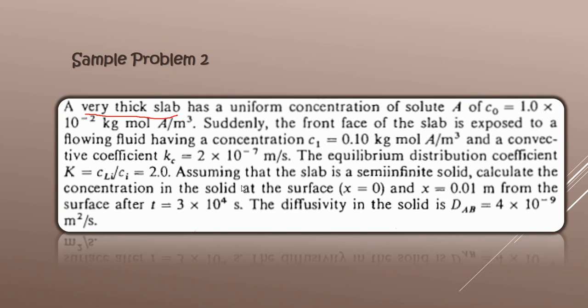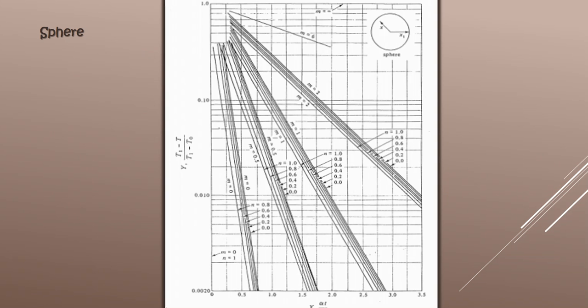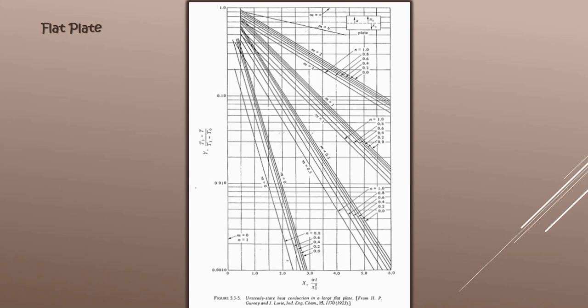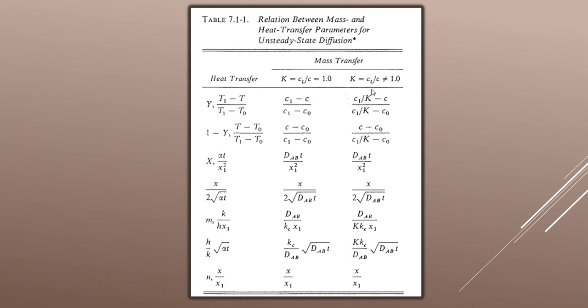So our problem says that our K, our equilibrium distribution coefficient, is 2.0. So meaning we're going to use the equivalent formula in column number 3. So in column number 3 of our table, we have K values not equal to 1.